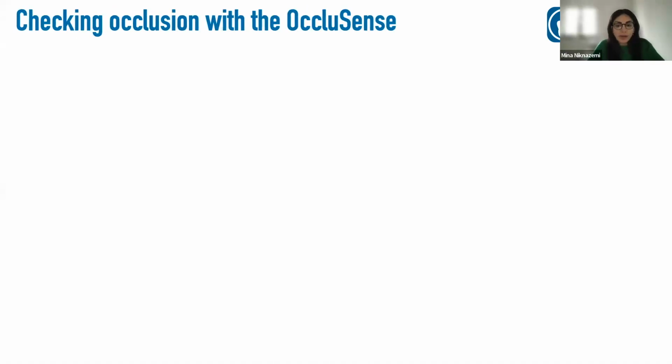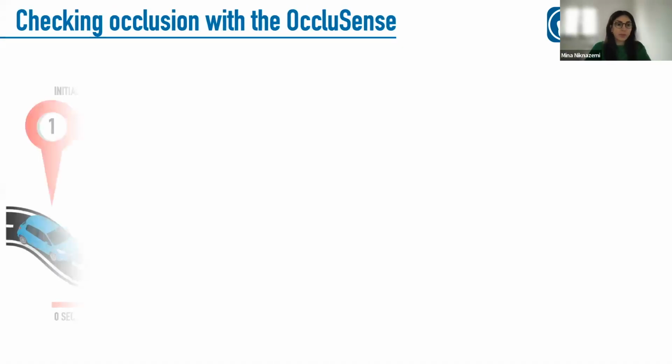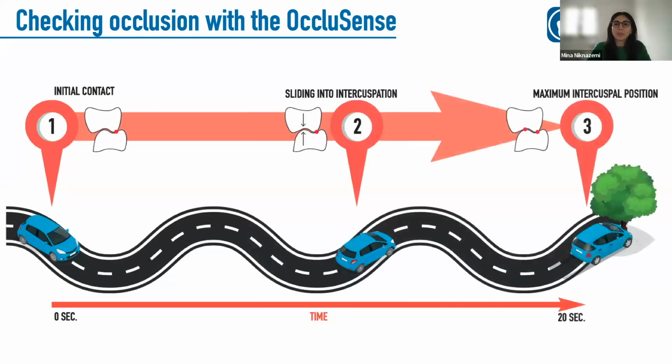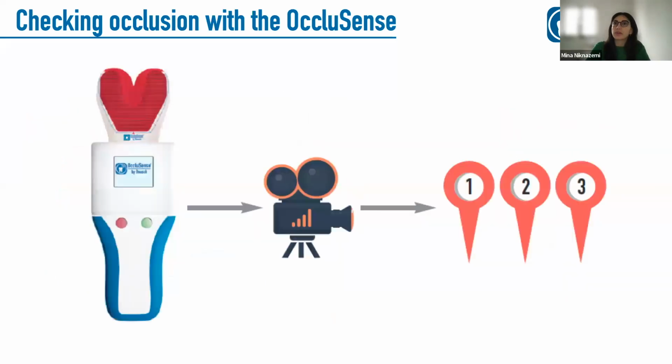With OccluSense, however, if you look at the same diagram, you have the opportunity to look into this process at any given moment in time. And as occlusion as a whole does not only consist of the final jaw position, but also every movement that's happening in between, you are able to now take a video recording over time rather than just a single snapshot.